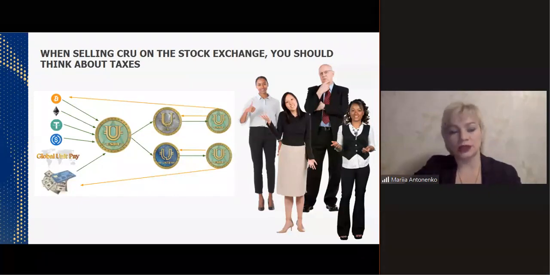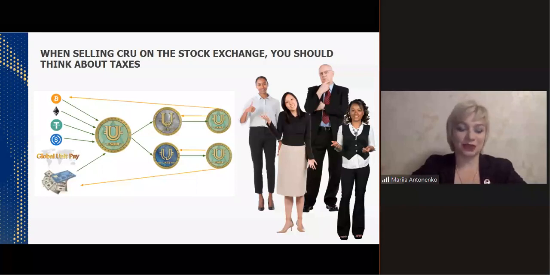And if you already have exchange accounts in Binance, Exmo, Kraken, whatever exchange, depending on where you work with your cryptocurrencies, on our exchange you exchange CRU for USDU and USDU into Bitcoin. And then you take that Bitcoin and you take it anywhere you want.